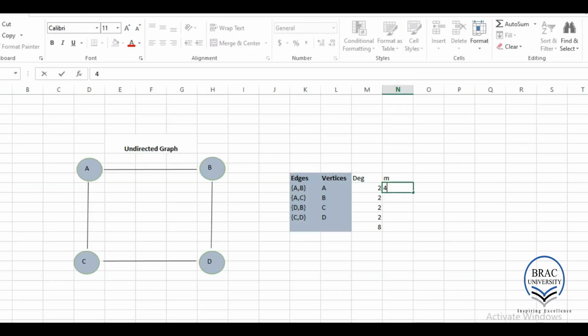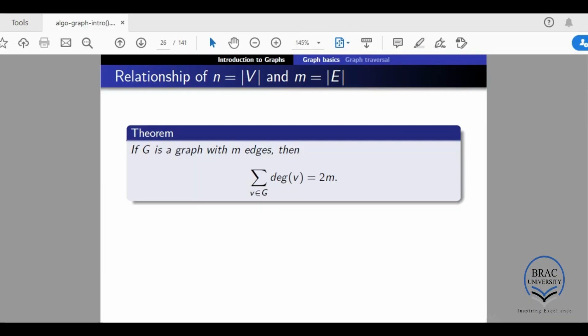But why is this the case? So let's discuss that. For one edge, you can see that you're counting degree once here and you're counting degree once here. So for a certain edge, you are counting the degree 2 times. As a result, if there are 4 edges, then the total number of degrees will be equal to 8.